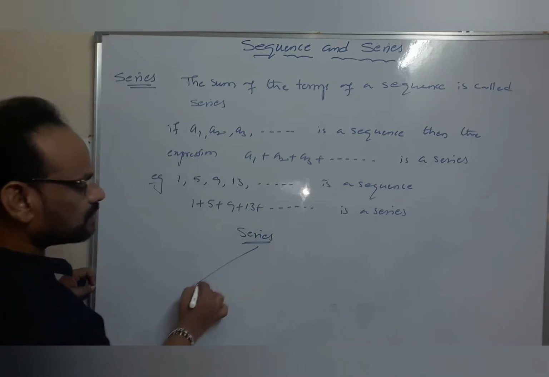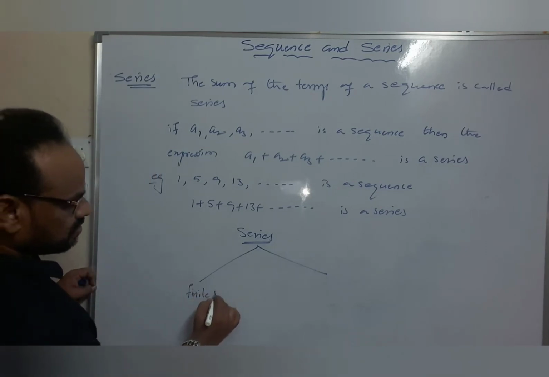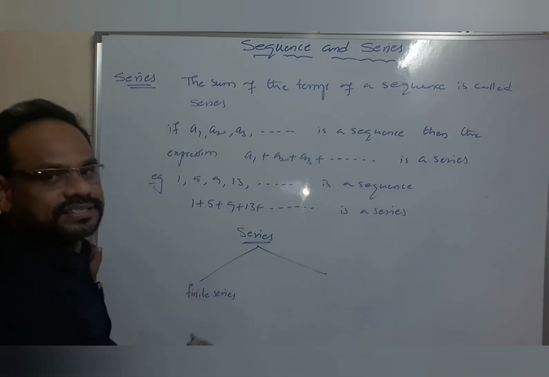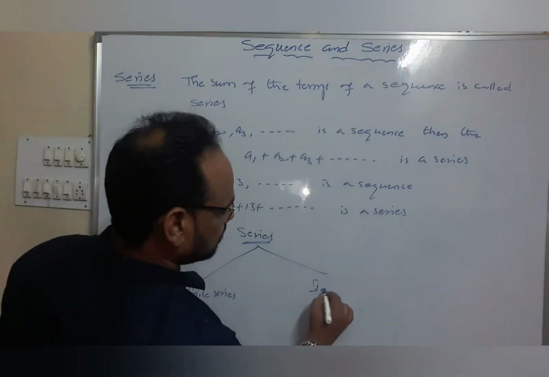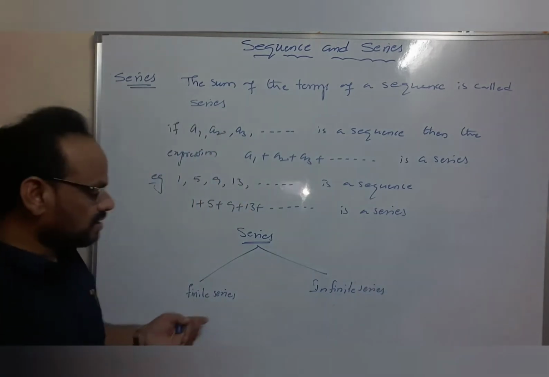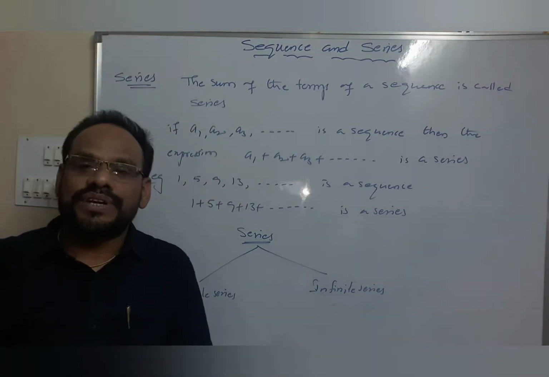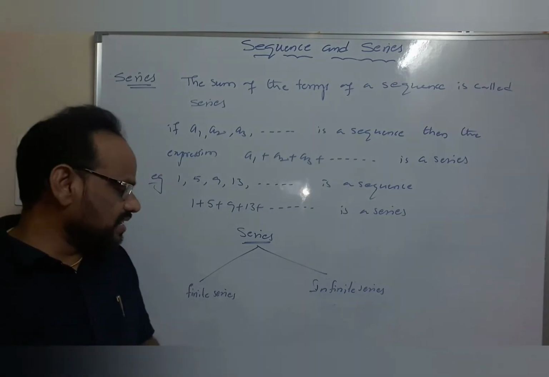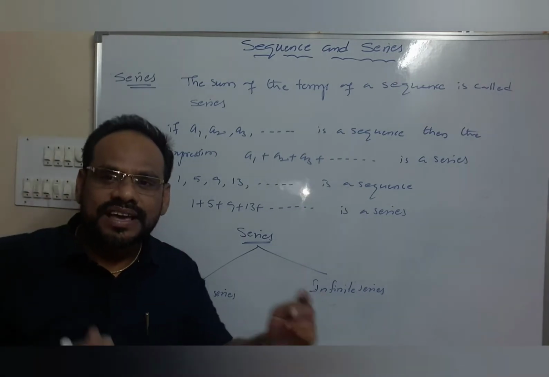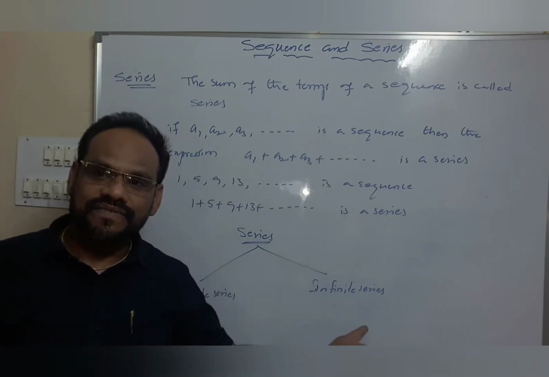Okay, series is of two types, that is finite series or infinite series. Finite series means a series has a finite number of terms, then it is called finite series. Infinite series means a series has an infinite number of terms, then it is called infinite series.